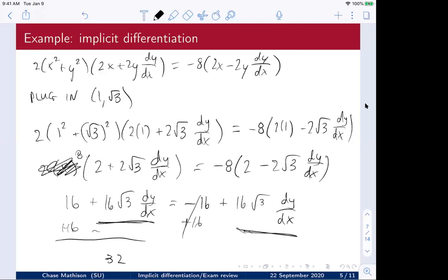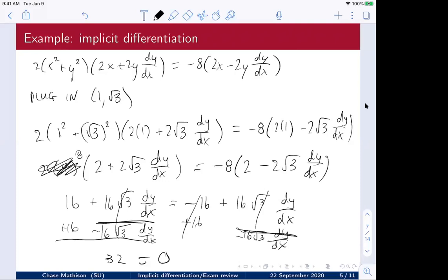So when I subtract that, that does cancel. And we're left with minus 16 square root of 3 dy dx. We're left with 32 equals 0. What happened? That is clearly nonsense. So what happened here?